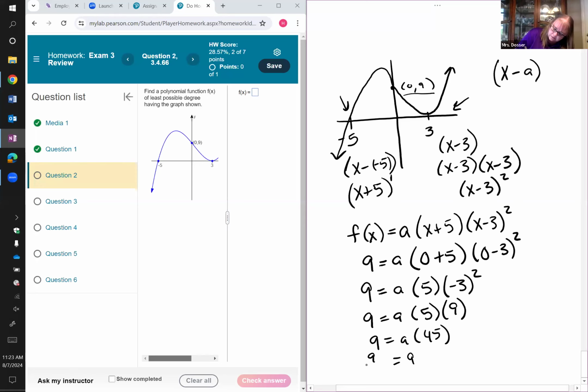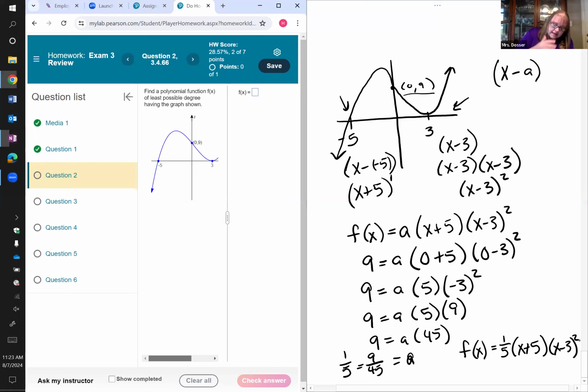And so we get a is equal to 9 over 45, which reduces to 1 over 5. And so now that we know what our a is, we can plug that back in to have our polynomial function. So f of x is equal to 1/5 times x plus 5 times x minus 3 squared. And that's the function that creates this graph.